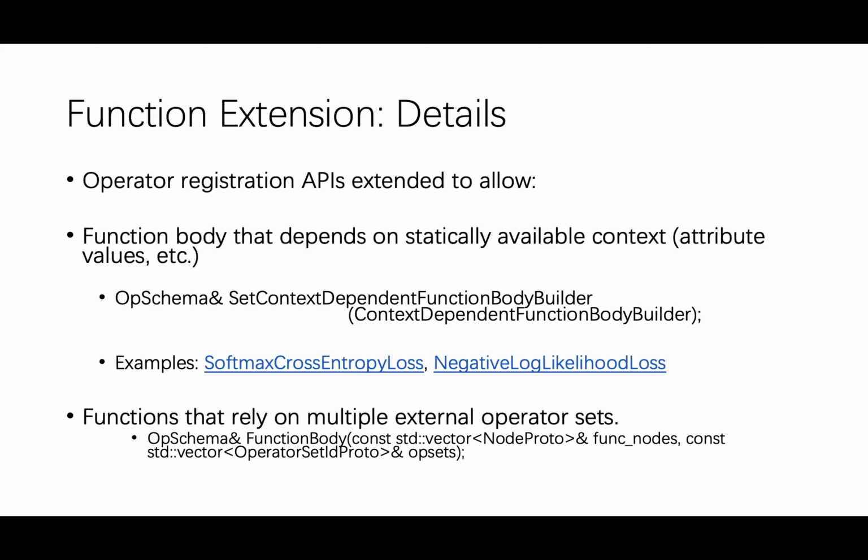This is useful because we don't want to incur a runtime cost for making choices that can be done statically on the basis of statically available information. So I think this makes the function construct notably more expressive, and as the slide says, there are specific examples that show how this can be used.